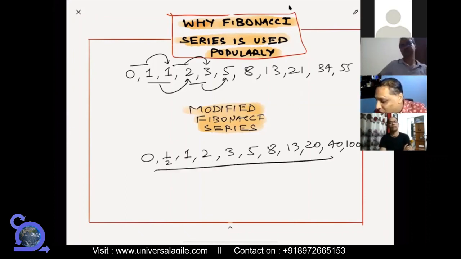Now, another reason is that there is a gap. As you move forward, the gap is increasing. That means, remember that factor of complexity, uncertainty, and risk? In a complex world, as the volume increases, these three factors, uncertainty, complexity, and risk, increase.